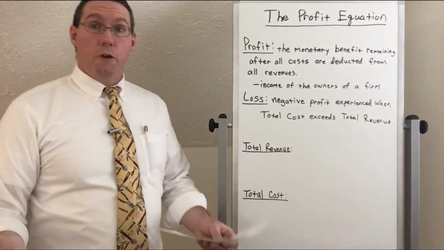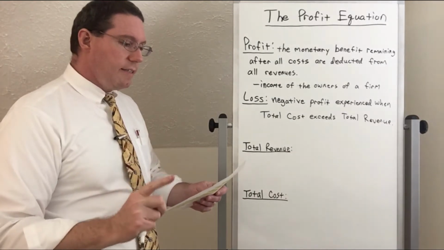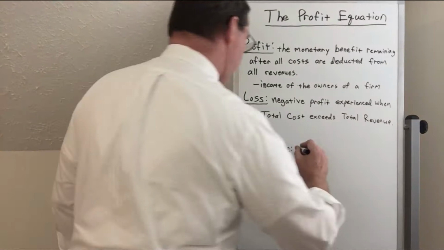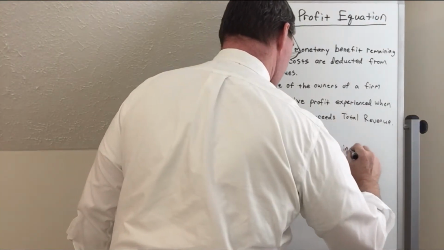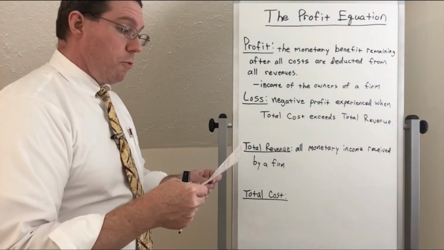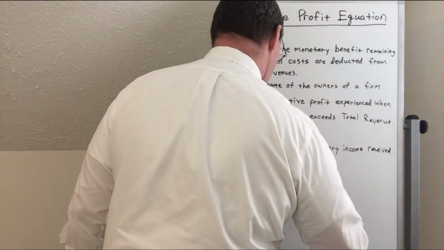All right, well then what are total cost and total revenue? Well, total revenue is all monetary income received by a firm as a result of selling output it has produced.